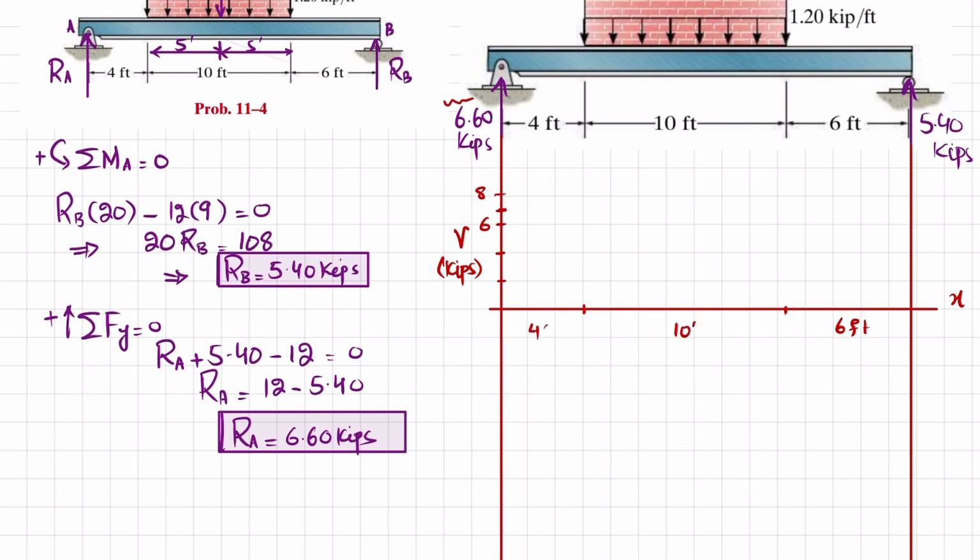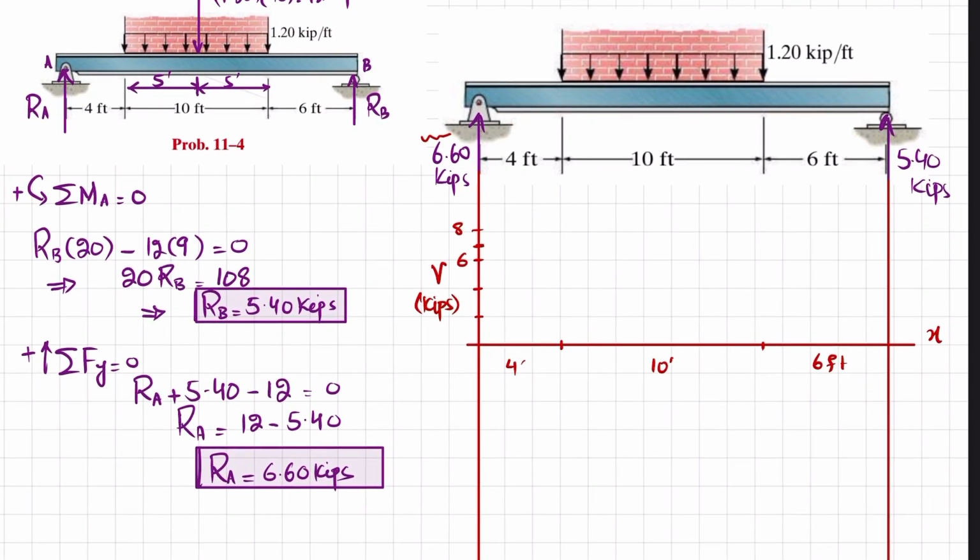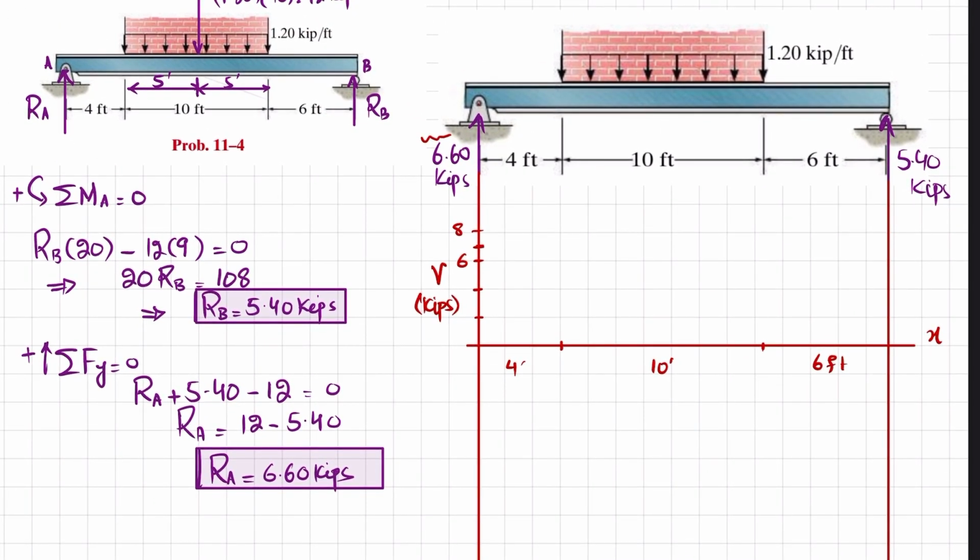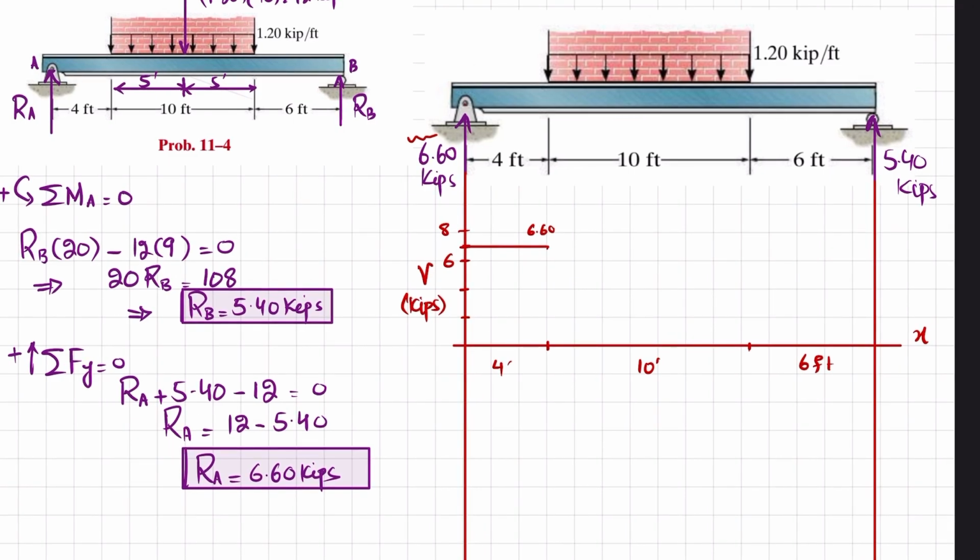Now you can see from this diagram that this 6.60 will remain the same till 4 feet. So this is 6.60. Now here we have a uniformly distributed load.